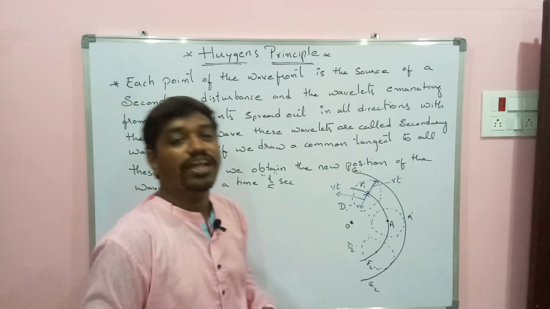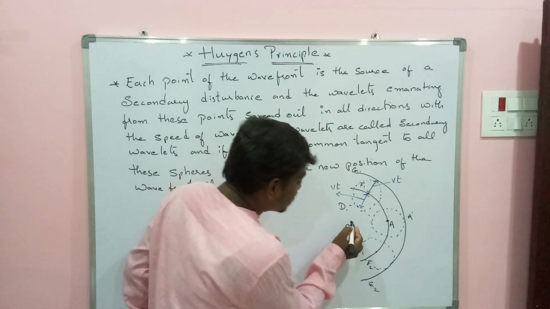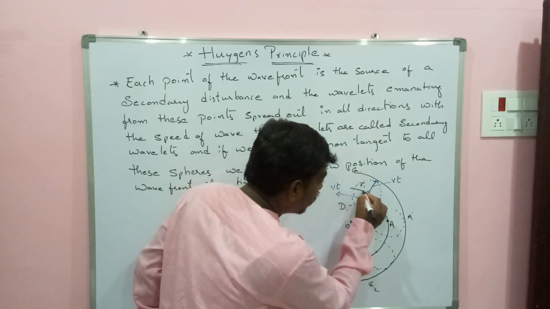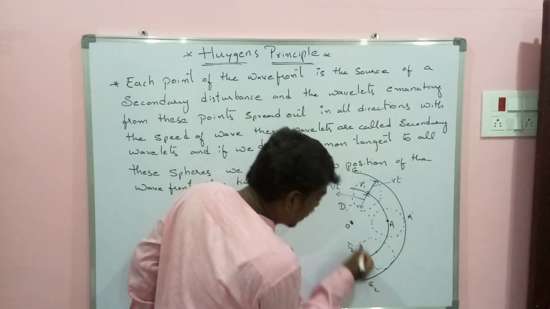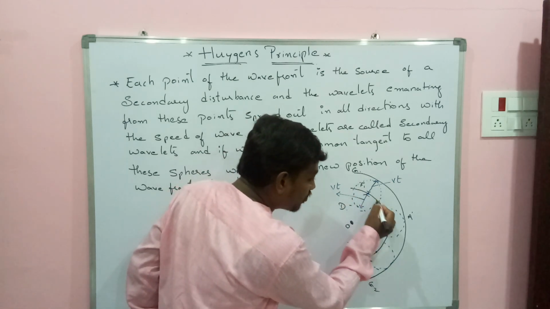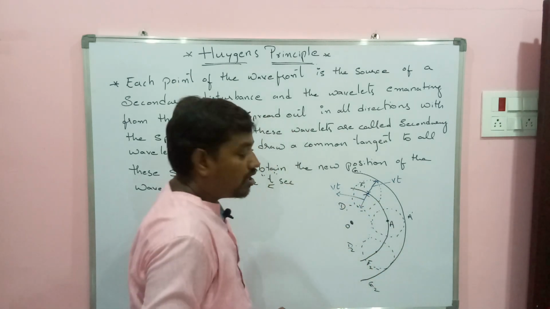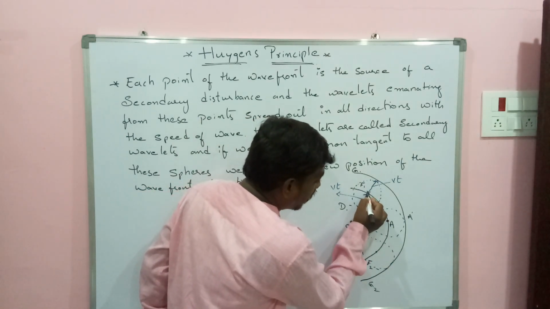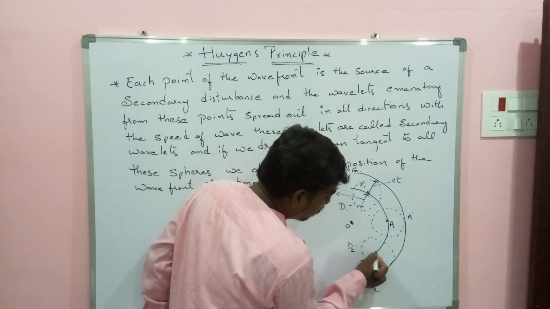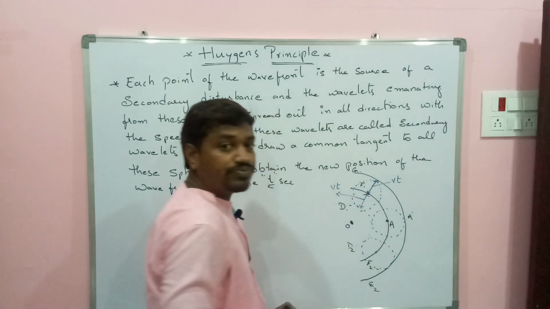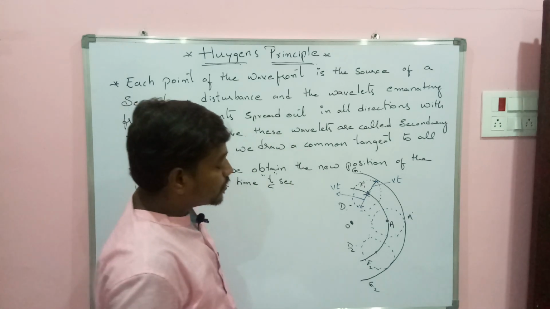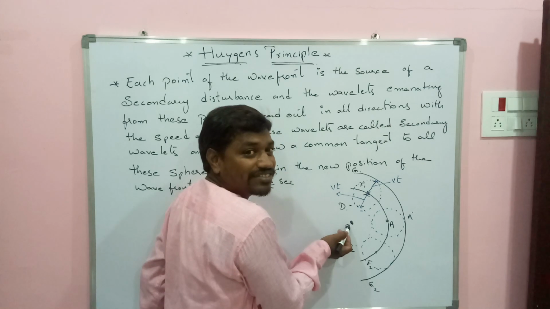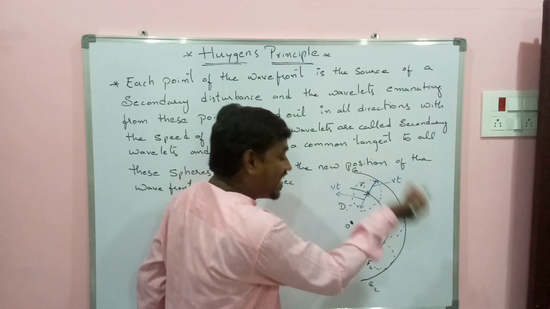Let me explain clearly. Consider this as a point source, and from this point source we have a wavefront here. As it is a point source, this will be a spherical wavefront, and on this wavefront I have kept some dots named A, F1 and F2. According to this principle, these points behave like the source, but they are secondary.